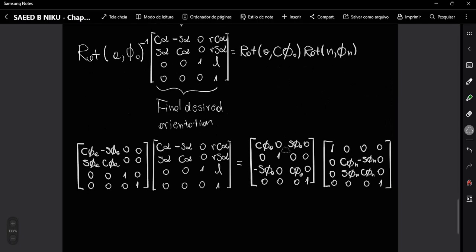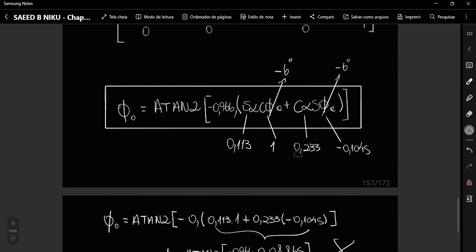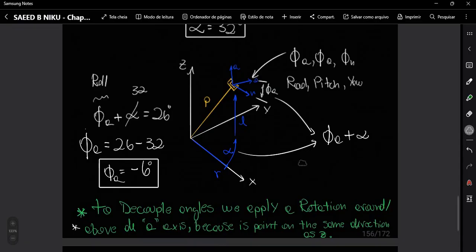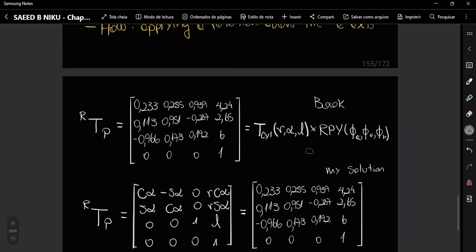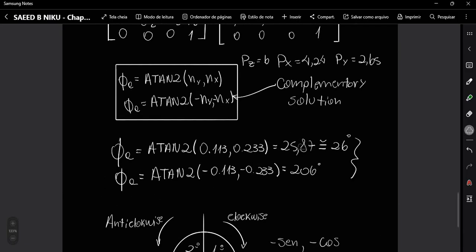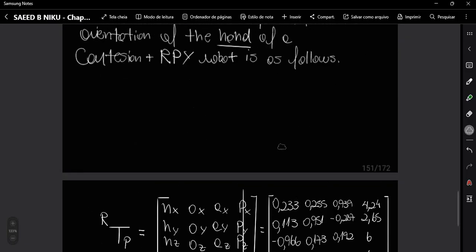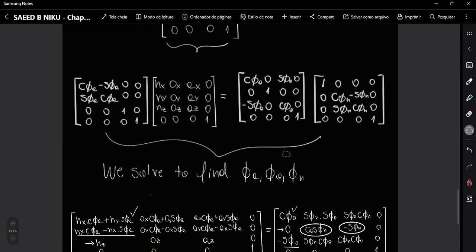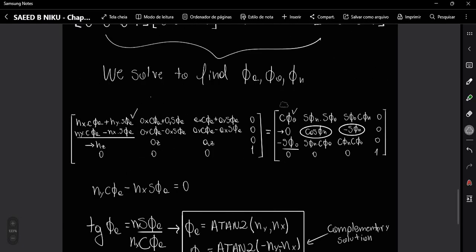Alright, on the right side we have already multiplied, and it is equal to this matrix.